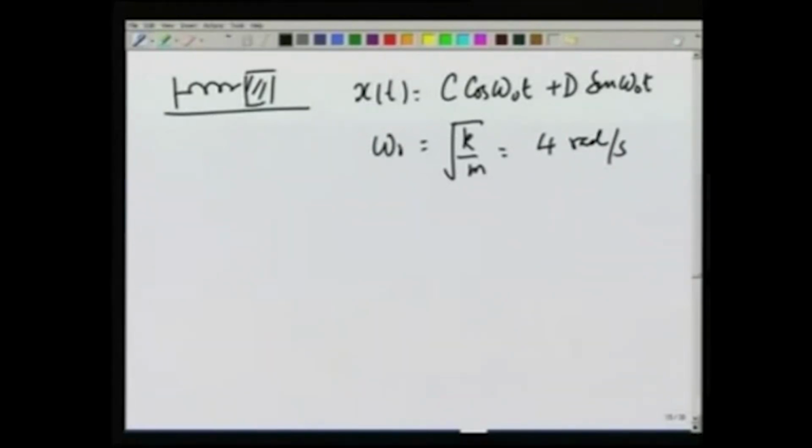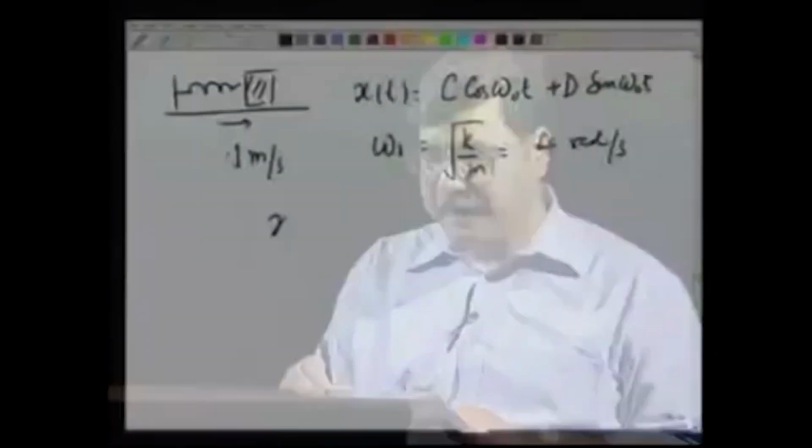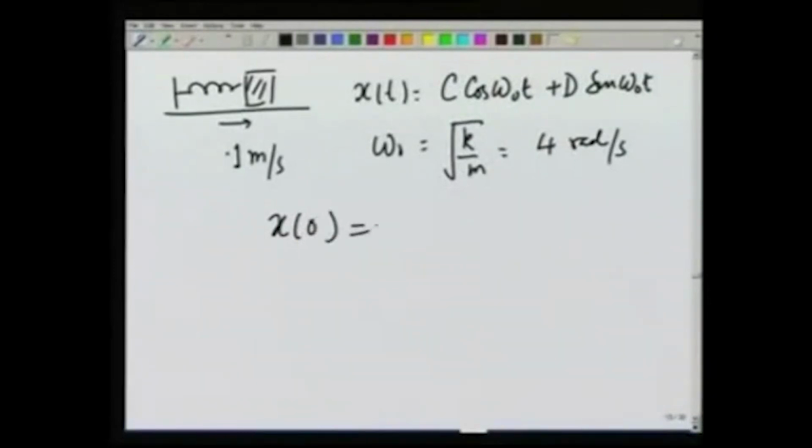Let me take something with which I can hit the block, and let me give it an initial speed of 0.1 meters per second to the right from the equilibrium, so that I have x(0) equal to 0 and x dot 0 equal to 0.1 meters per second.